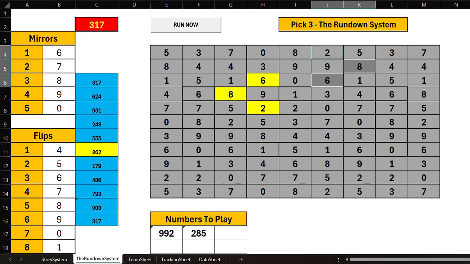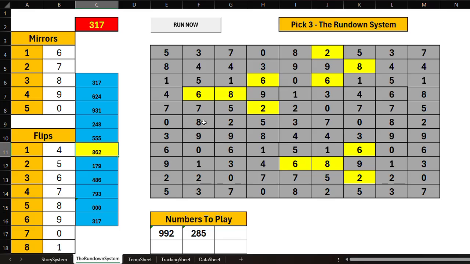There's a 682 this way as well. The other 682 is down here, which is what it is right here. 682, 682. So these are all the 682s that are coming up, right?